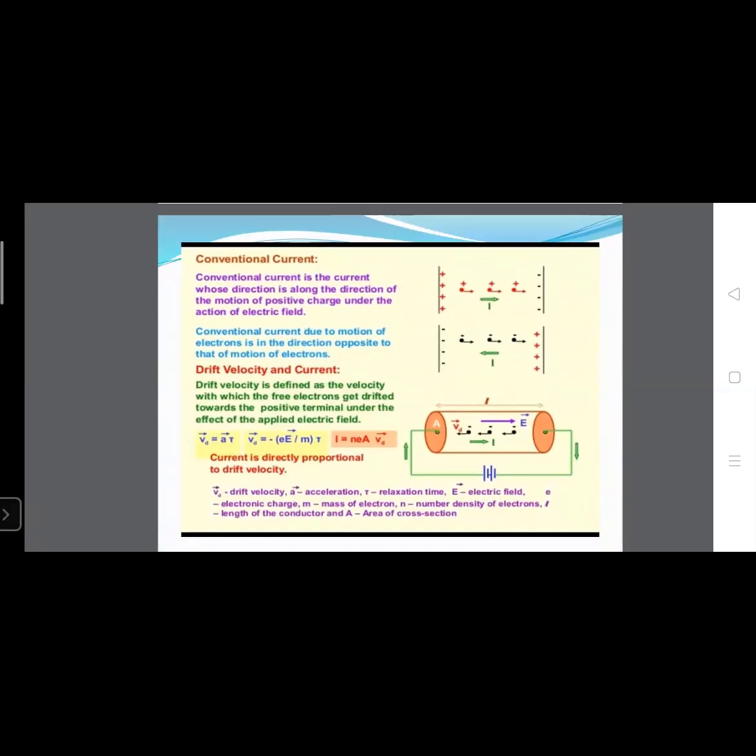So as I told you, conventional current is the current whose direction is along the direction of motion of positive charges under the action of an electric field. And the conventional current due to motion of electrons is in the direction opposite to that of motion of electrons, right? Conventional current: its direction is along the direction of positive charge.